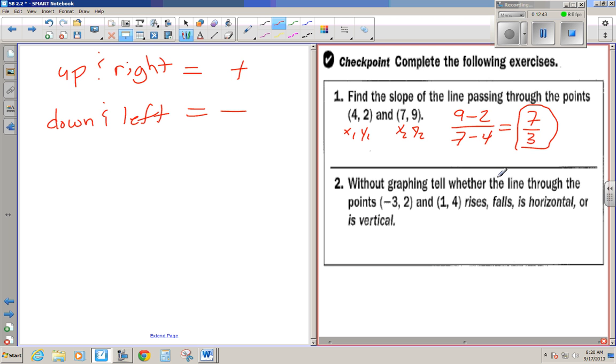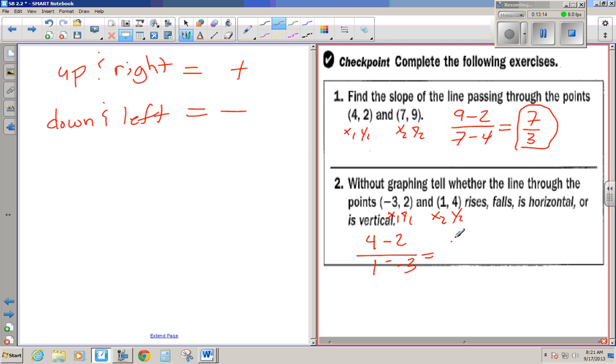Without graphing, tell whether the line through the points rises, falls, is horizontal or vertical. So we need to look at the slope. Let's start here. This is x1, this is y1, this is x2, this is y2. Let's start with y2: 4 minus 2, and then x2: 1 minus negative 3.